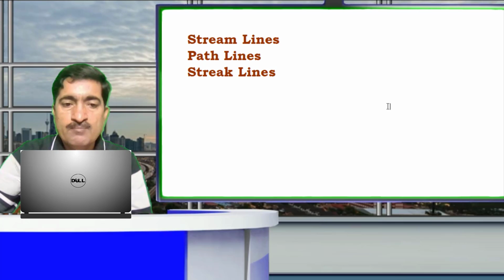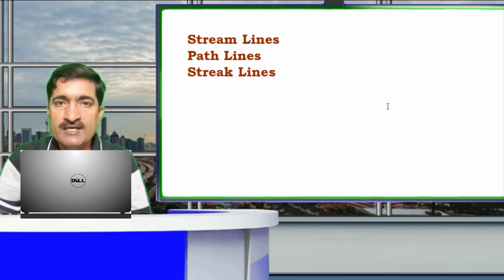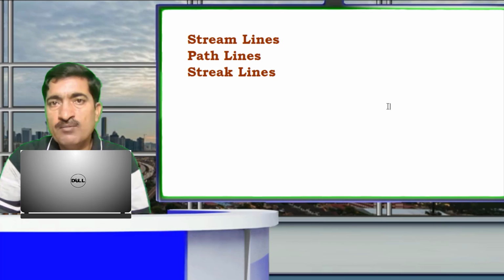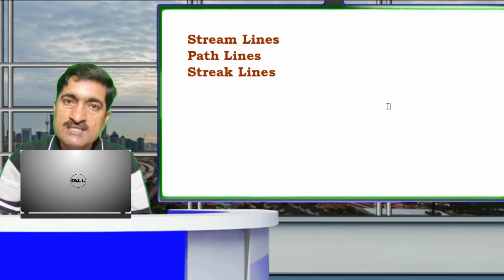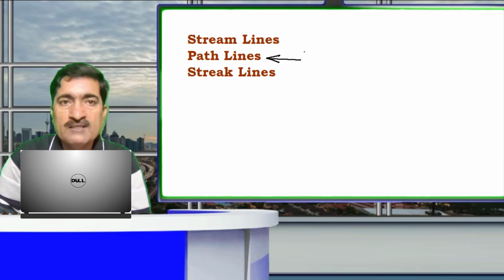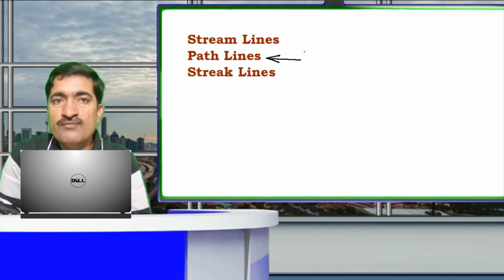Now next is stream line, path line and streak line. The stream lines are a series of curves drawn tangent to the mean velocity vector of a number of particles in the flow. Since streamlines are tangent to the velocity vector at every point in the flow field, there can be no flow across a streamline. Now, path line is the trace of the path of a single particle over a period of time.